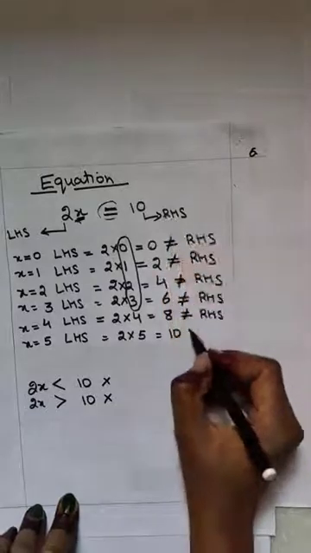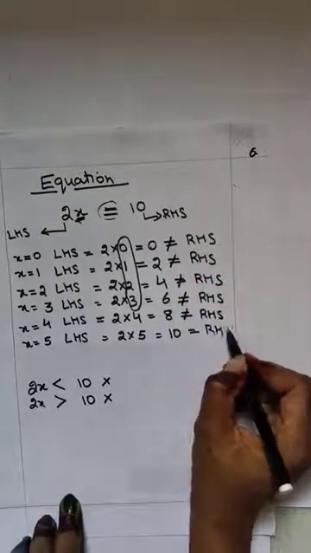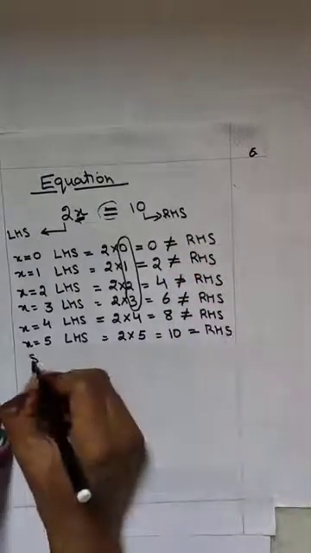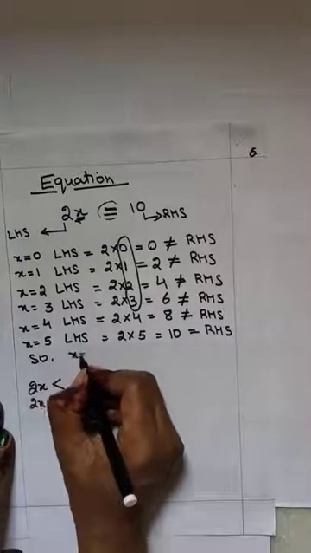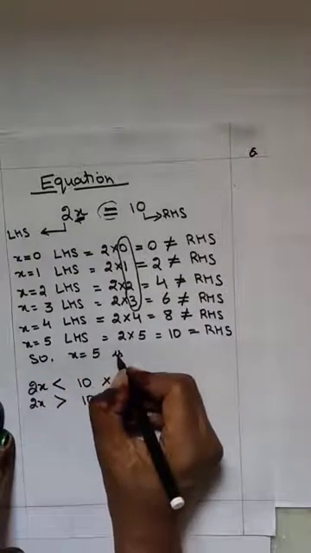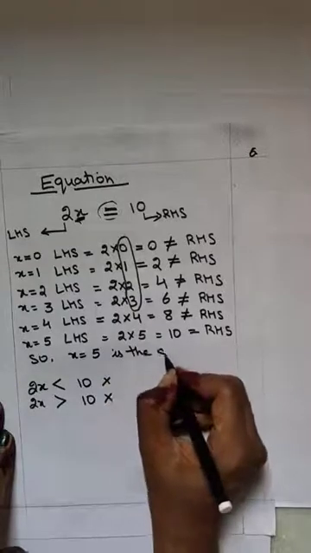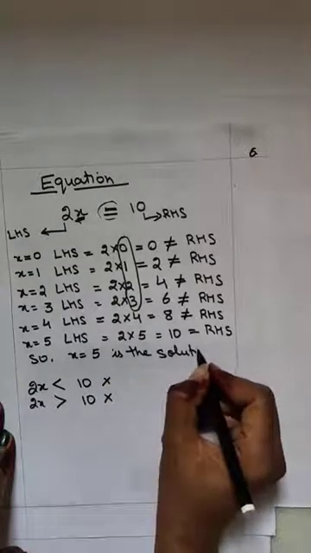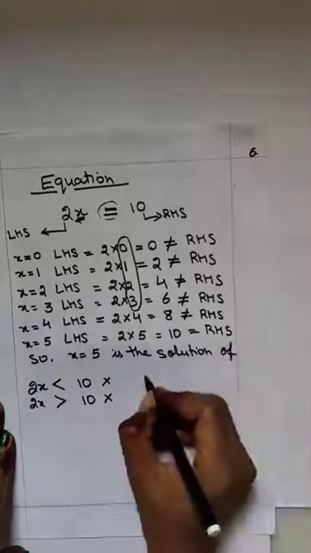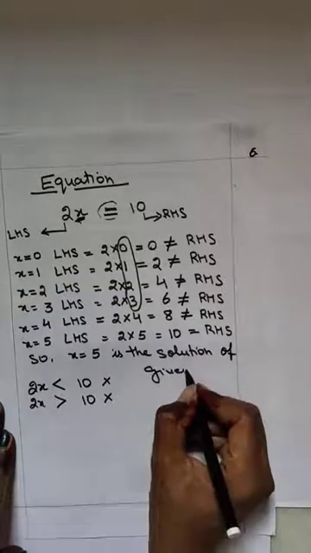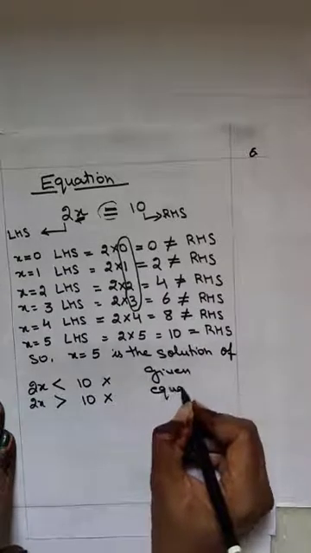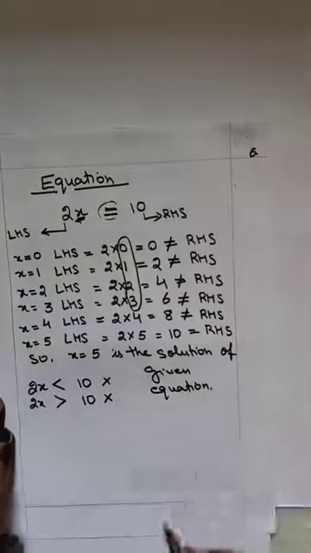See, now this is equal to RHS. So, x equal to 5 is the solution of the given equation.